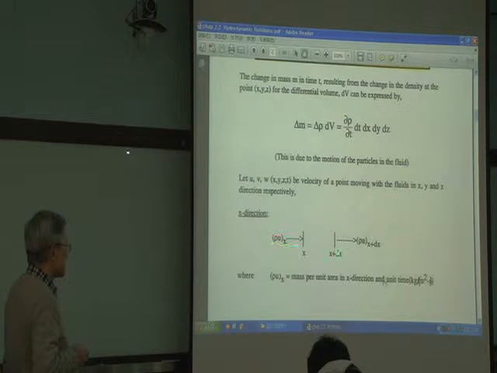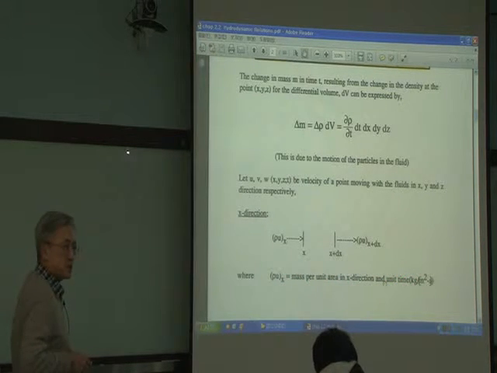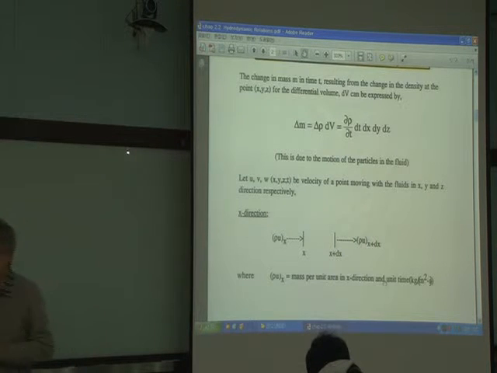Then once you do this, the y and z directions have the same formulations. This is mass per unit area per unit time in the x direction. So that's rho u x.